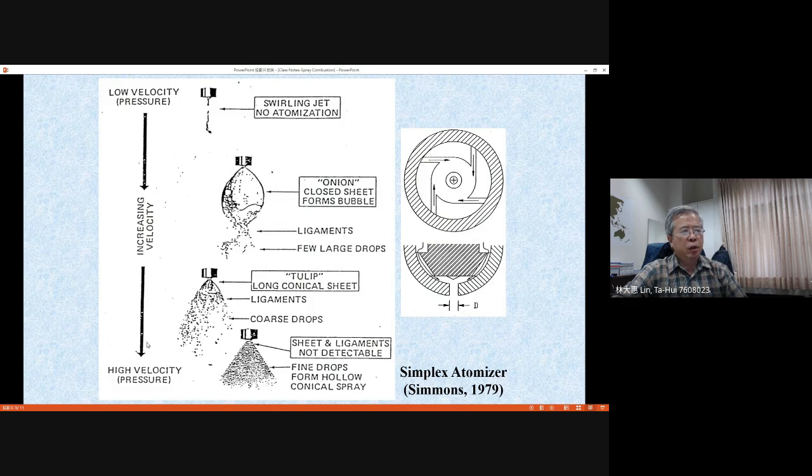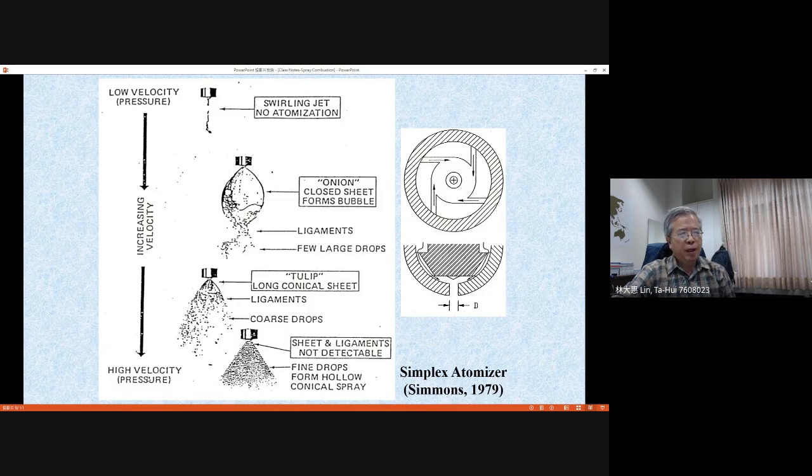By increasing the velocity from small to high, the liquid sheet region initially becomes smaller. For example, the onion shape has a large liquid sheet, but the tulip shrinks to a small area of liquid sheet.